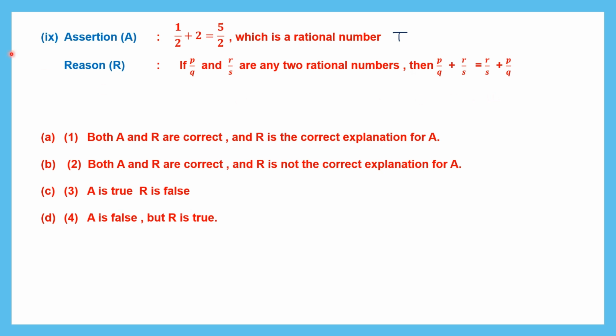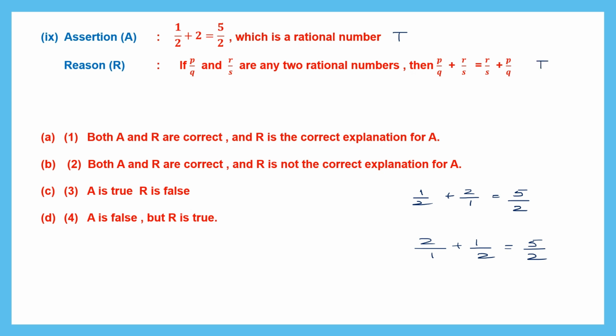If you take the example of the first one itself, we found 1 by 2 plus 2 by 1 is equal to 5 by 2. Now let me change this order. If I say 2 by 1 plus 1 by 2, my answer will still be 5 by 2. So this is the commutative property of addition, and this statement is also true.